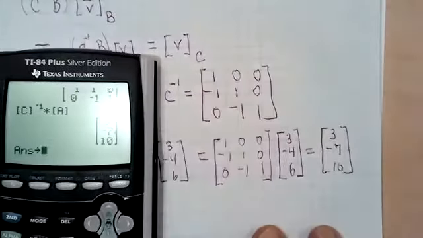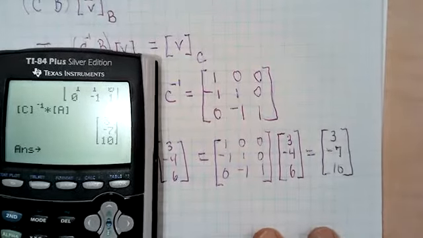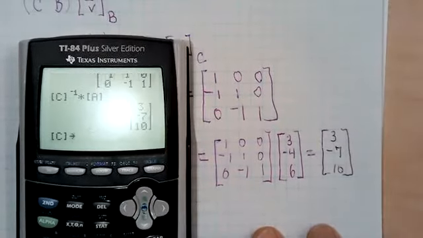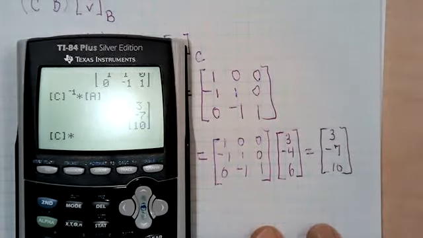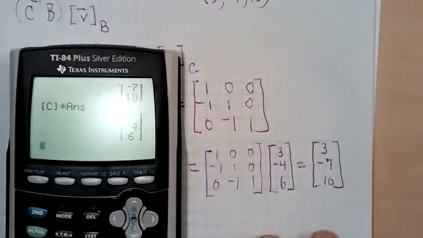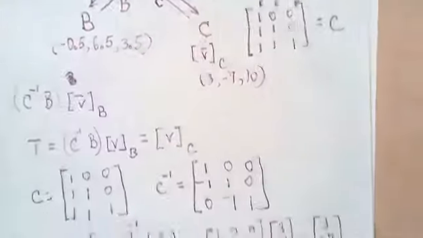So let's try it. I want to take C, multiply by the previous answer. 3, minus 4, 6, sure enough, it worked. So that works.